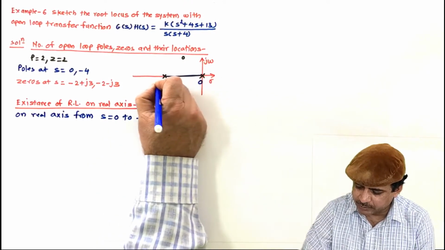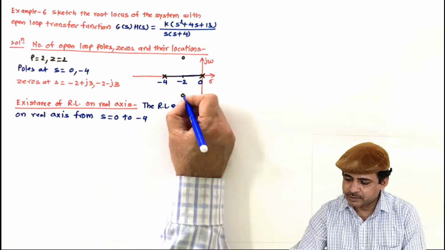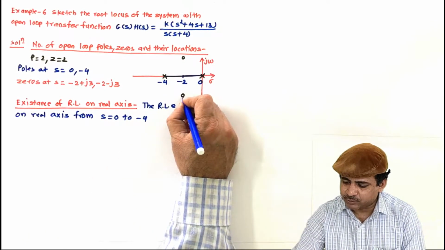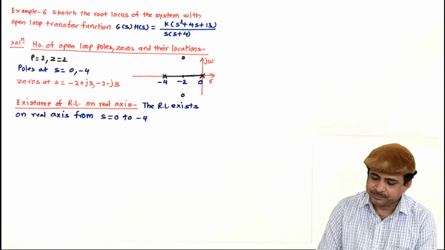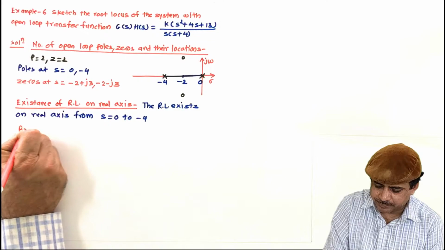This is 0, this is minus 4, and this is minus 2. This is at minus 2 minus j3, minus 2 plus j3. Then next step will be breakaway point.